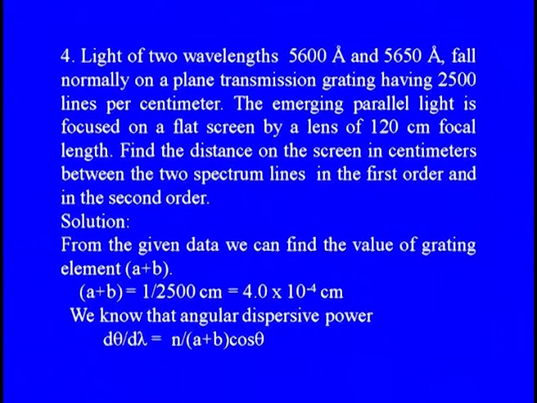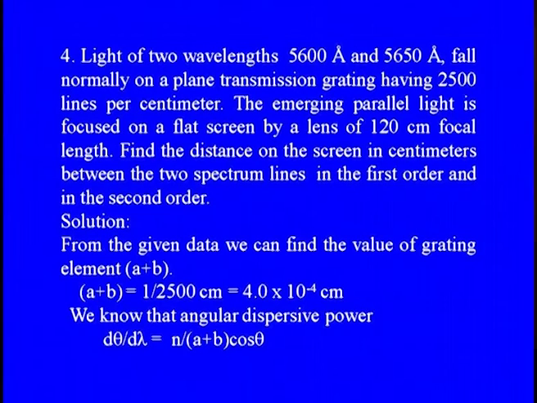Question number 4. Light of two wavelengths 5600 angstrom and 5650 angstrom fall normally on a plane transmission grating having 2500 lines per centimeter. The emerging parallel light is focused on a flat screen by a lens of 120 centimeter focal length.